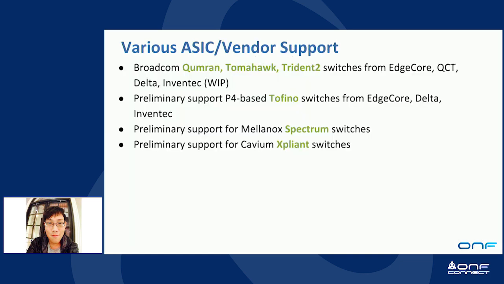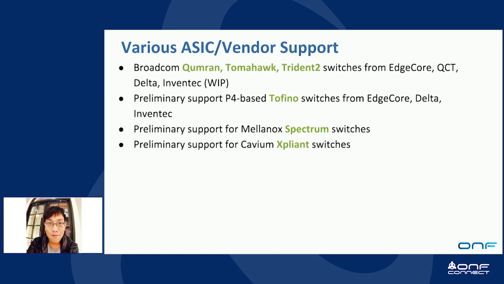So this is more or less the feature we have in Trellis today. And it's also worth mentioning that Trellis is now working with various ASICs and vendors for the traditional fixed pipeline chips. We support chips from Broadcom, Qumran, Tomahawk, Trident 2.